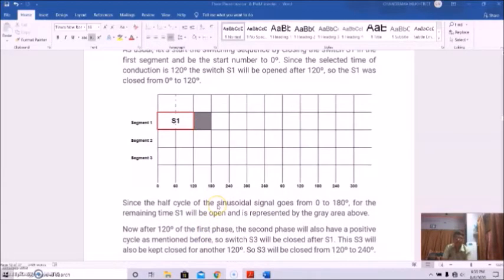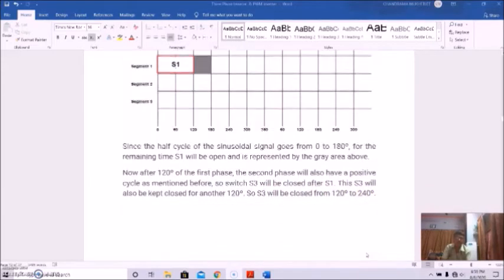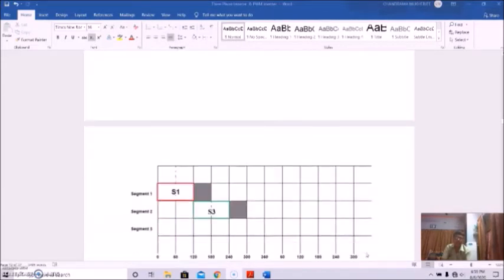Now after 120 degree of the first segment, the second phase will have a positive cycle as mentioned before. So switch S3 will be closed after S1, and S3 will also be kept closed for another 120 degree. So S3 will be closed from 120 to 240 degree, and that is shown here.